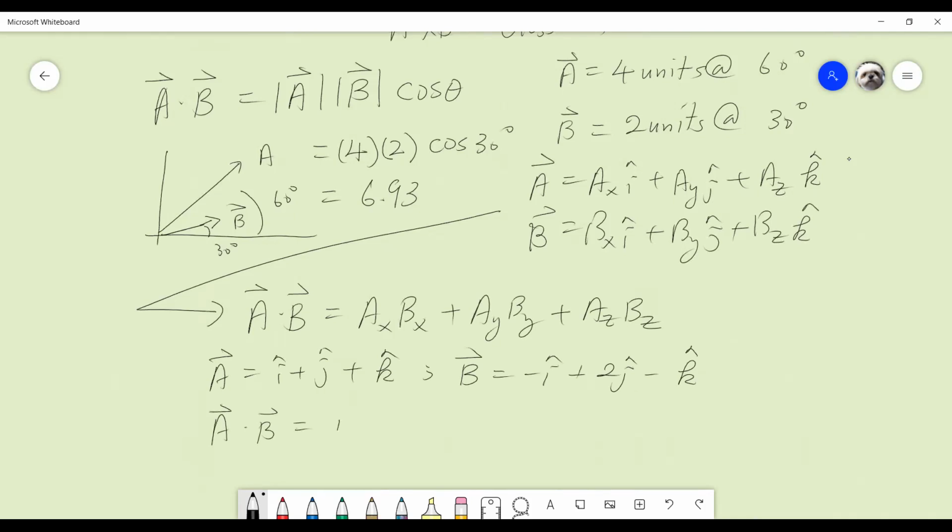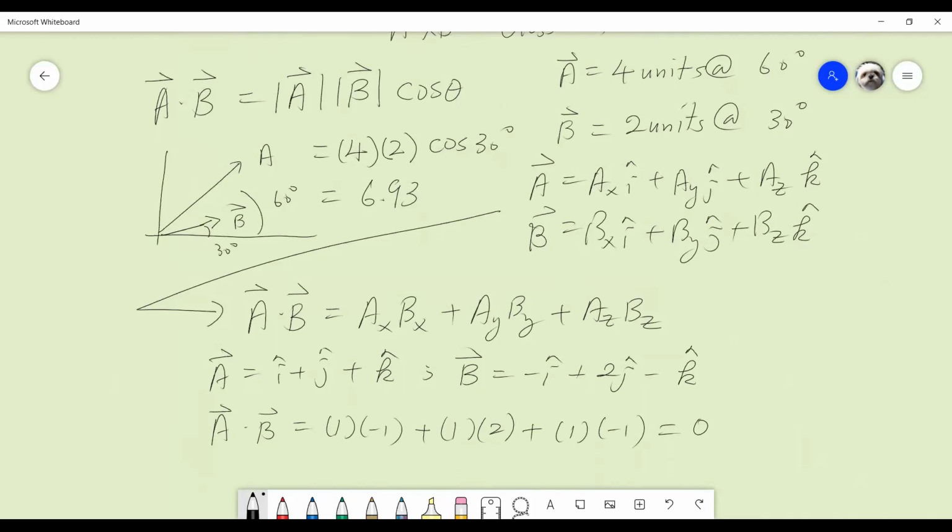That will be equal to 1 times minus 1, plus 1 times positive 2, right? And then I have plus 1 times negative 1. Am I right? What is it? 0. So what does it really tell us if the dot product is 0?